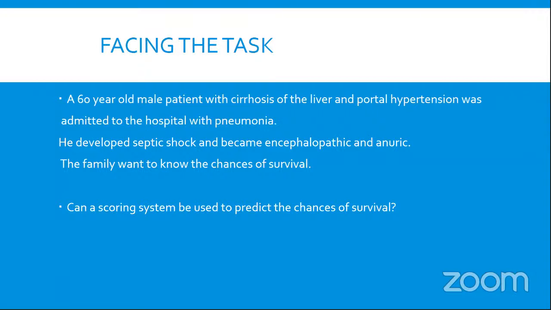The family, assuming this patient has a daughter, a son who is a medical student, is asking you as the anesthetist who is to manage this further: please, what are the chances of survival? Can a scoring system be used to predict the chances of survival of this patient presenting in this scenario?